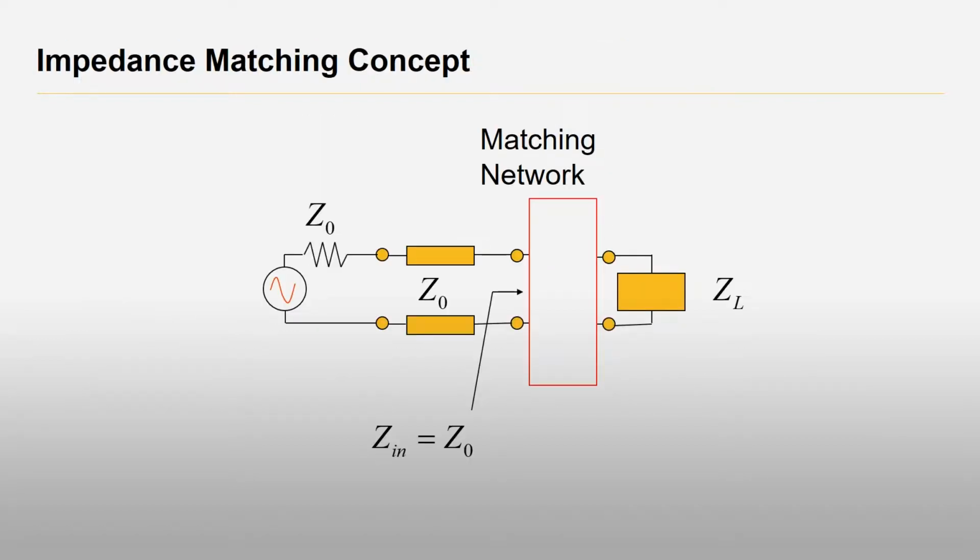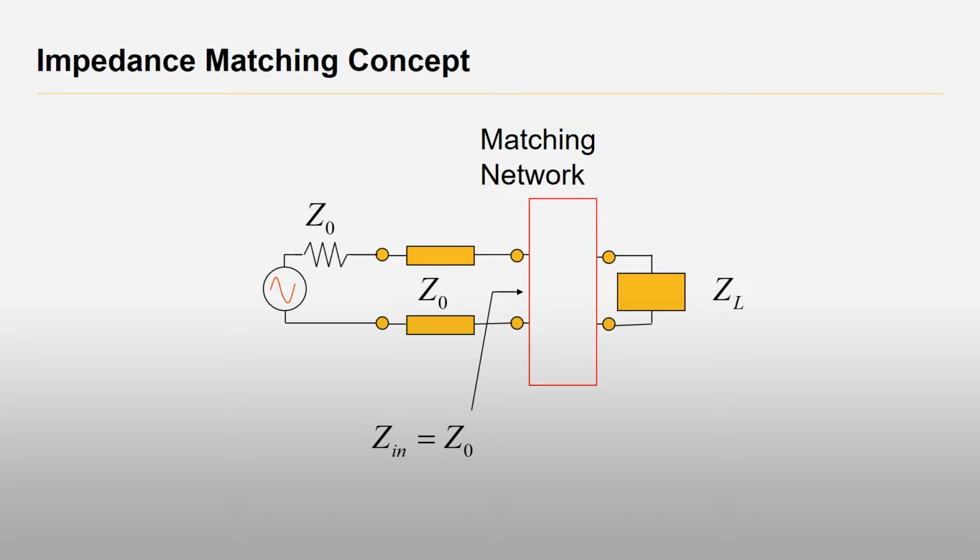This picture shows a generator with characteristic impedance Z0 connected to a load of impedance ZL, and in between the generator and the load is a matching network.